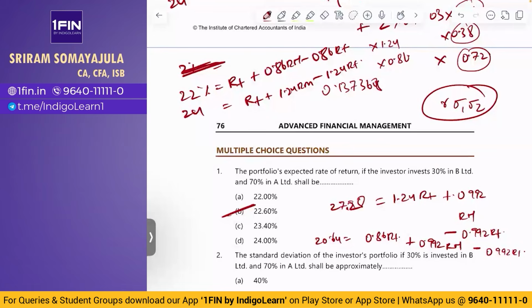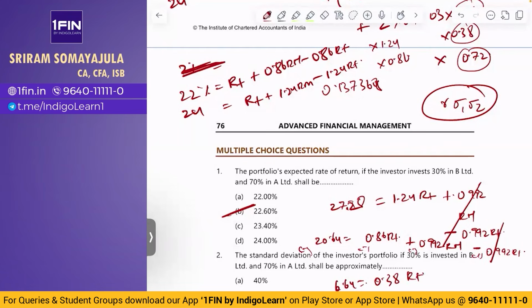See, now you subtract one from the other. So these two will get cancelled. Then what is 27.28 minus 20.64? You get 6.64 is equal to 1.24 minus 0.86, 0.38 RF.